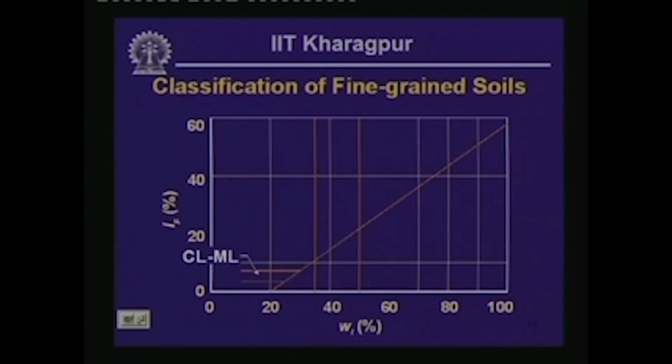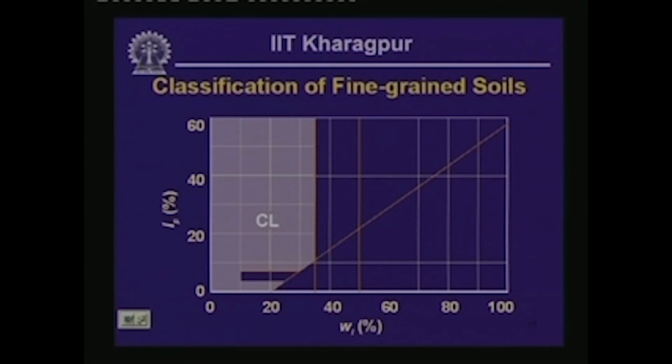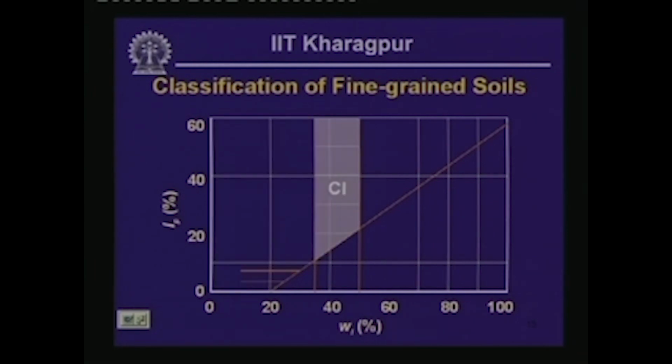then CL or ML, it is an intermediate soil type really within the small zone there. CL is if you are on the top left of the diagonal line within that particular chart there. This chart is also called Casagrande's chart.